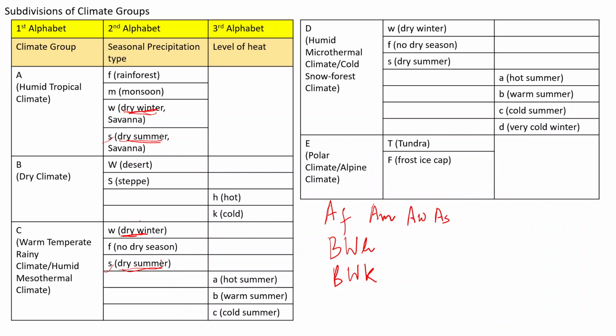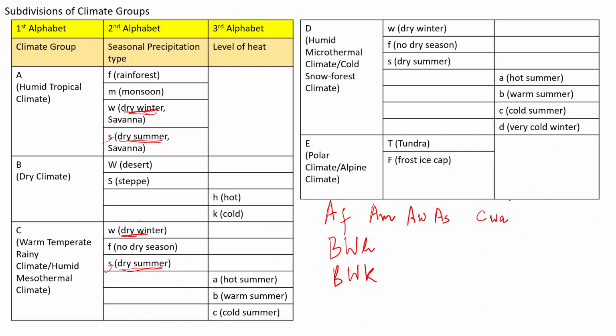Now in the case of group C, the third alphabet for the level of heat is a, b, c: hot summer, warm summer, and cold summer. Since it is a temperate region, we can understand that the temperatures here will normally be cold. So those regions which fall in the temperate zone but may have hot summer can be written as CWA.